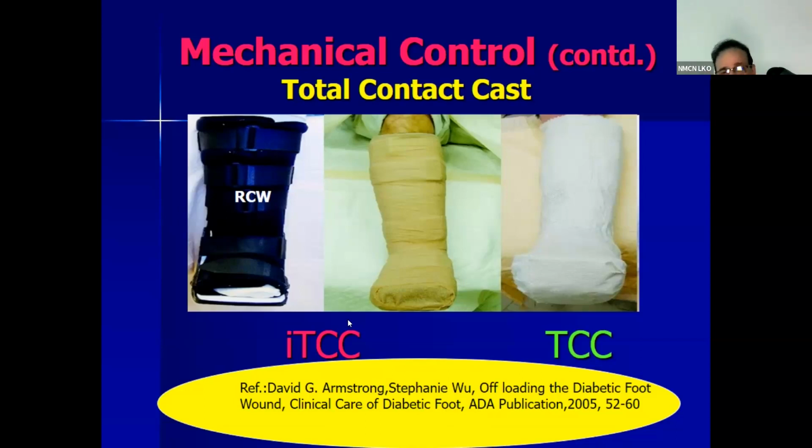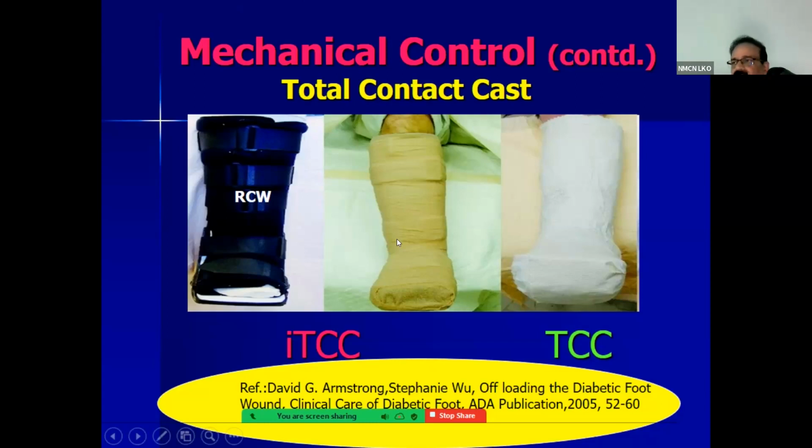cast. So for that, my mentor, Dr. David Armstrong, a well-known podiatrist of the world, developed the ITCC, the instant total contact cast. In this, the patient wears the removable cast walker, and then a crepe bandage or strap type of dressing is applied all around. So the patient cannot open it; if he opens it, the doctor will come to know, so compliance is taken care of.